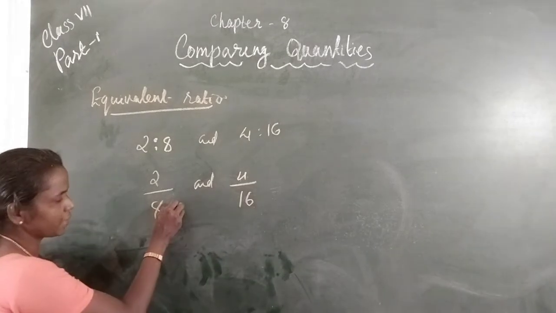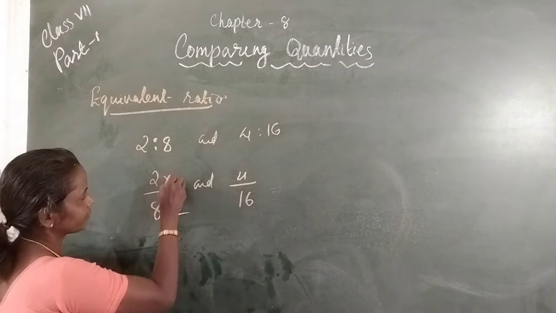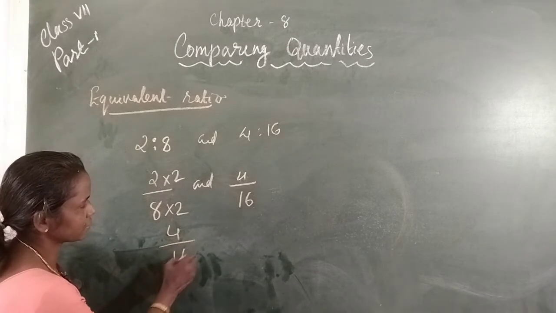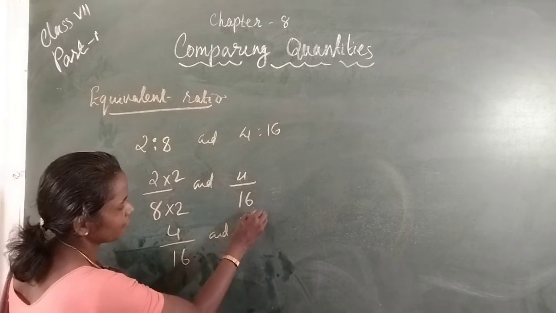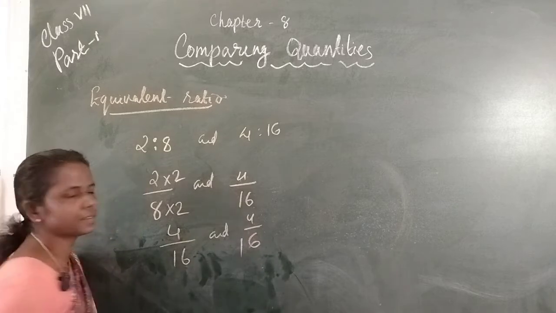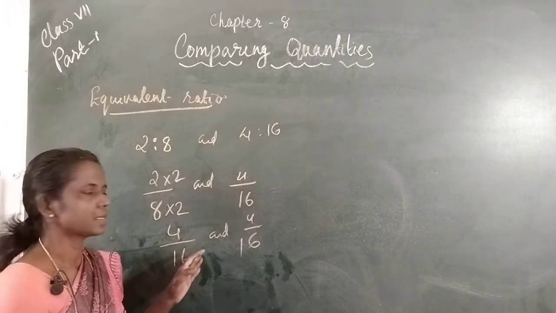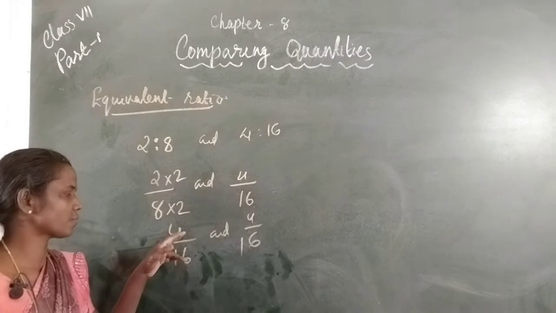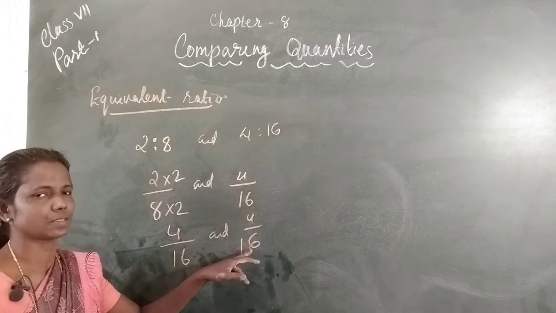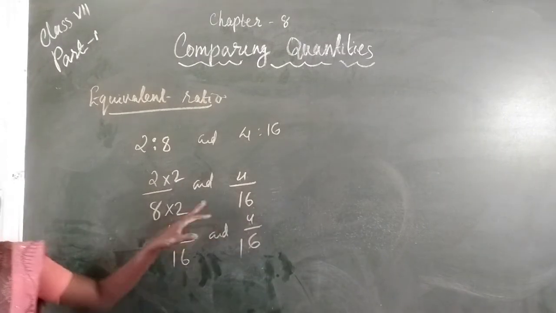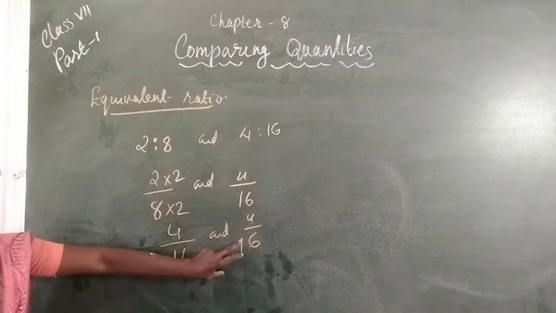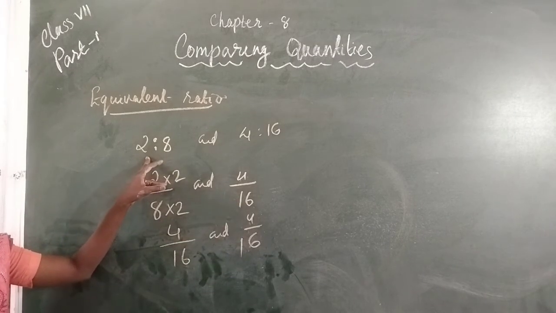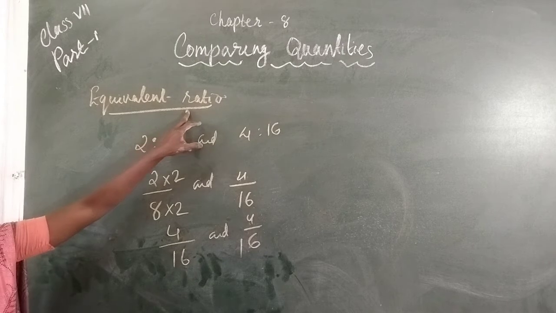Here we can multiply by 2, the numerator also by 2. Then we get 4/16 and 4/16. Look, these fractions are equivalent. So these fractions are equal, so these ratios are equivalent ratios.